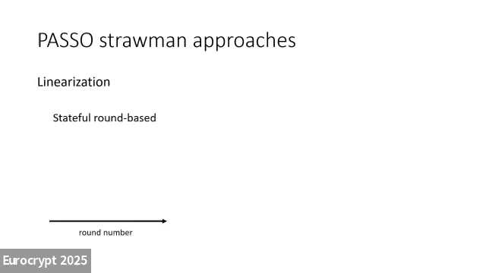But before we go there, let's think about some very naive ways of obtaining PASO protocols. The first thing that comes to mind is that you can probably linearize any traditional round-based stateful protocol. Let's say that we have 3 parties, P1 up to P3, in a stateful protocol.